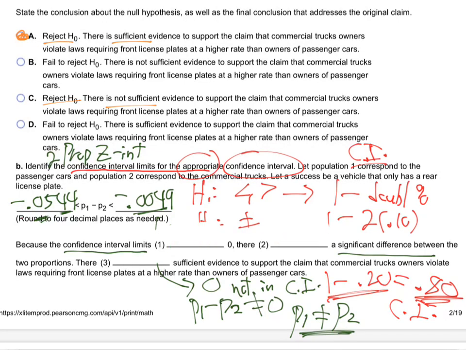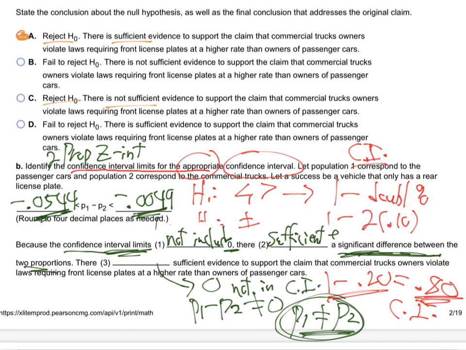It's not less than, it's include or not include. So does the confidence interval include 0 or not include 0? Not include. That's what we said, right? Two negative numbers, no 0 in between. Is there a significant difference between the two proportions? Yeah, they're not equal. There's sufficient evidence.